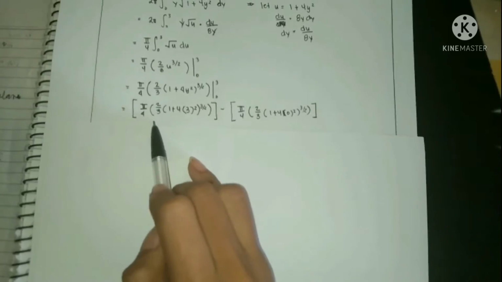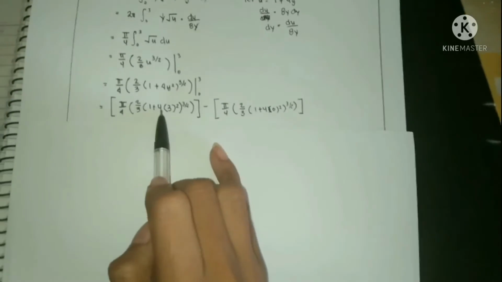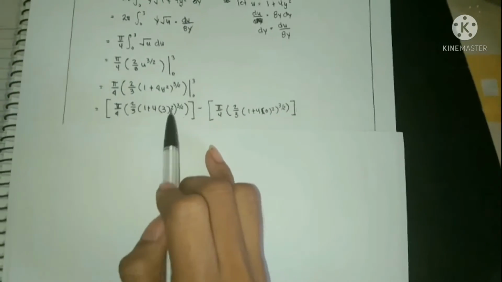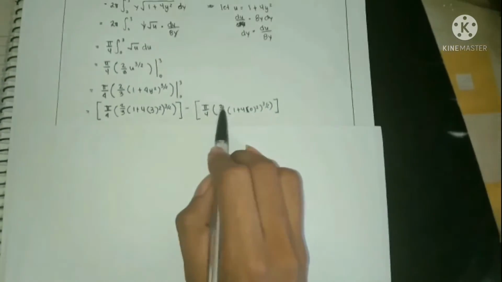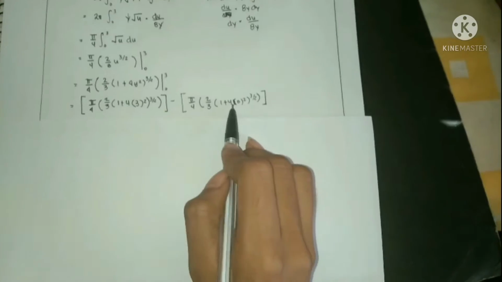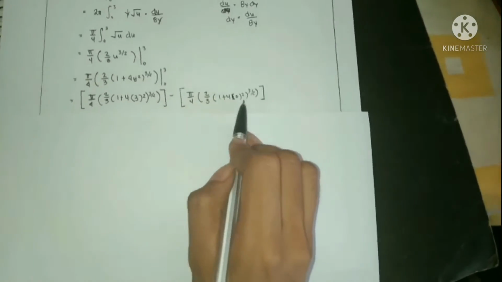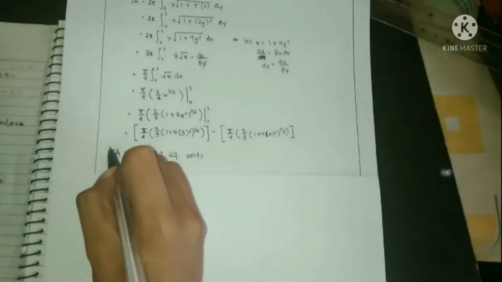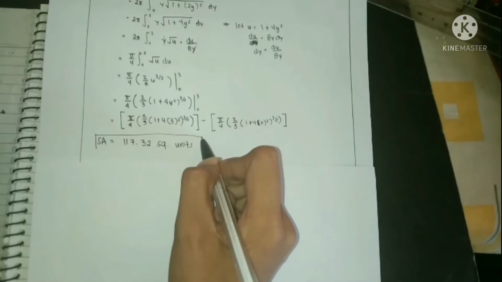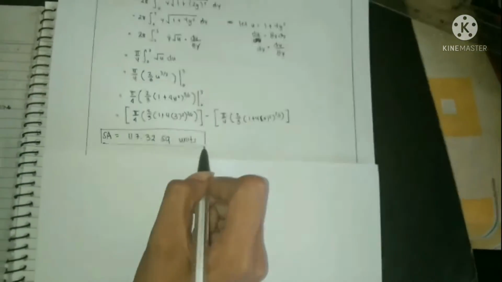So, pi over 4, 2/3 times 1 plus 4 times 3 squared, raised to 3 halves, minus pi over 4 times 2/3 times 1 plus 4 times 0 squared raised to 3 halves is equal to 117.32 square units. So this is the surface area of the object obtained by rotating x plus y squared is equal to 1.